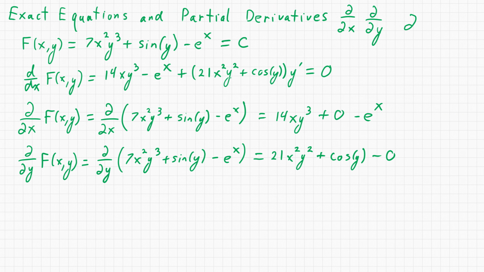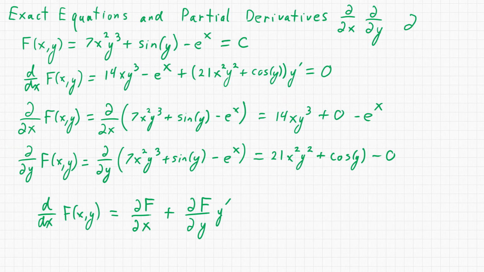There's 21x squared y squared, there's 21x squared y squared, and there's the plus cosine of y, and there's just this y prime tagged on. So another way to write d dx of f of x comma y is the same thing as partial f partial x plus partial f partial y times y prime.